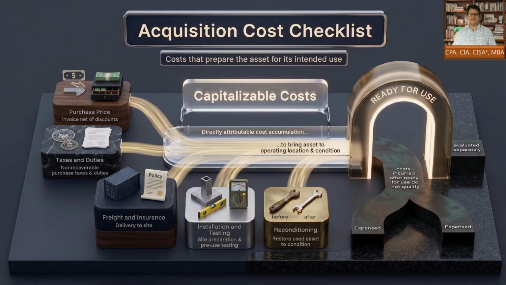The key phrase is directly attributable to bringing the asset to its operating location and condition. If a cost does not help make the asset ready, it should not sneak into PPE just because it appeared on the same vendor invoice. In accounting, invoices can be friendly, but they are not always wise.